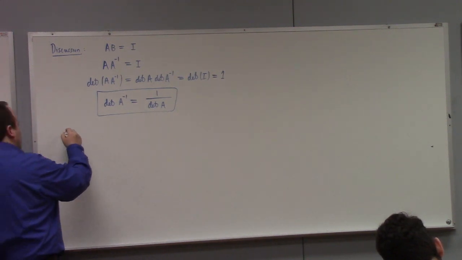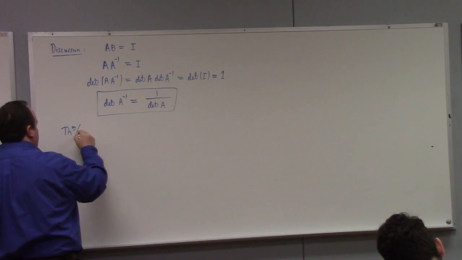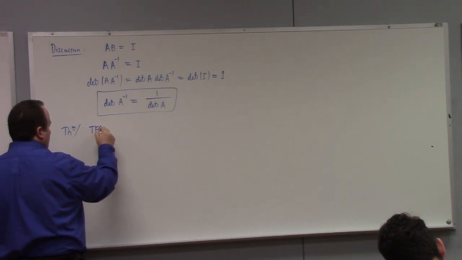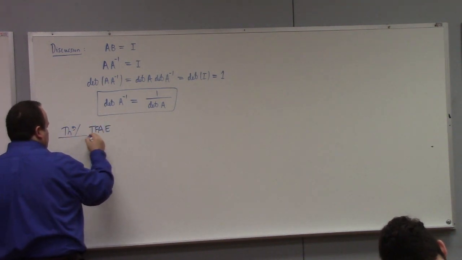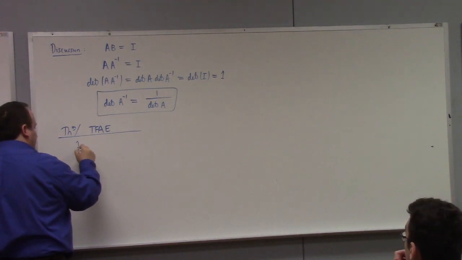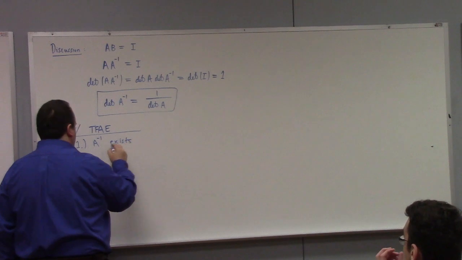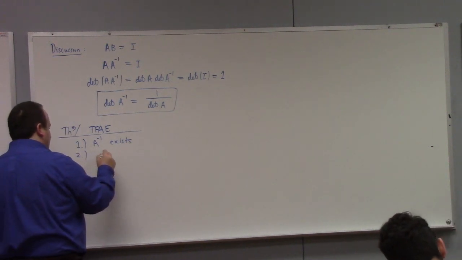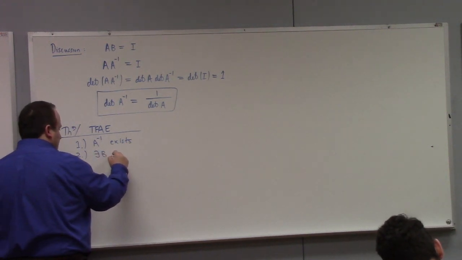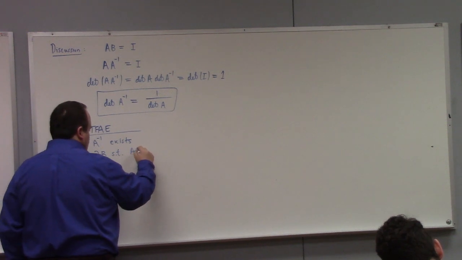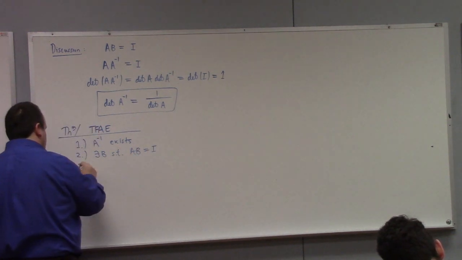See, we can go back to our theorem, the following are equivalent, right? And we can add a couple of things to it. What was our theorem before? We had what one? A inverse exists, right? 2. So this is going to be a walk down memory lane here. There exists B such that AB equals I, right? 3.